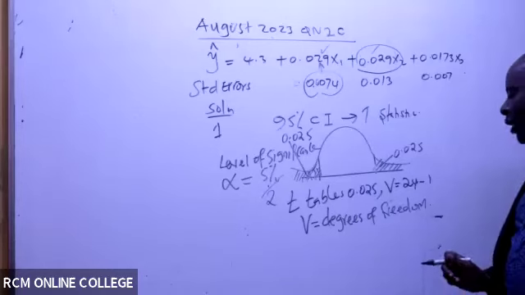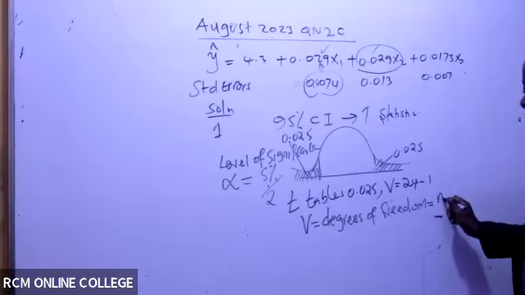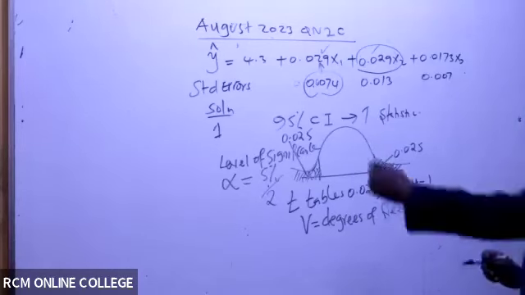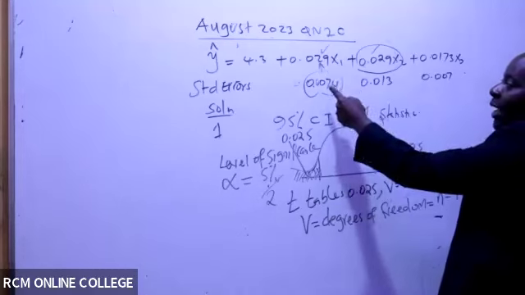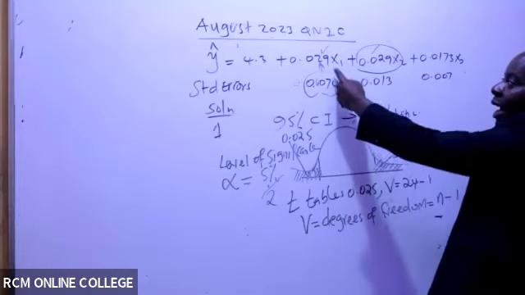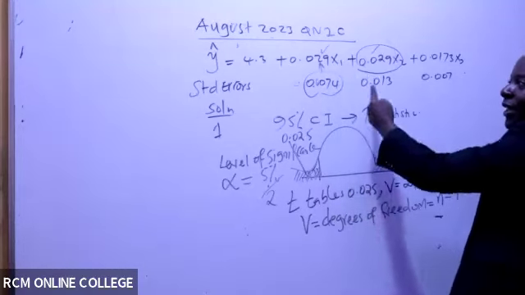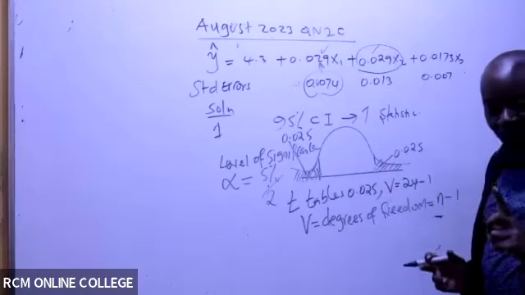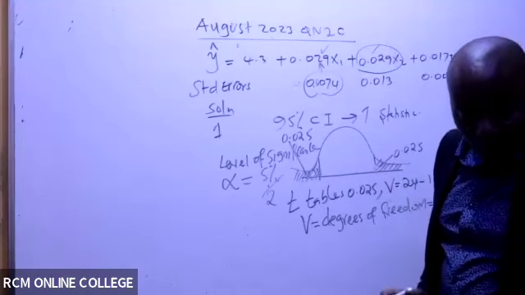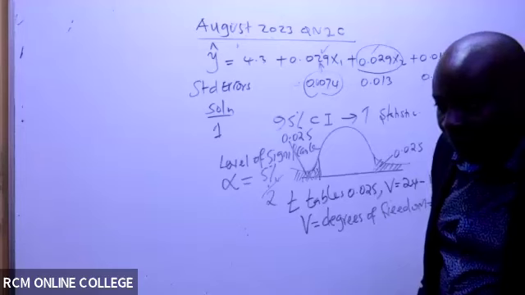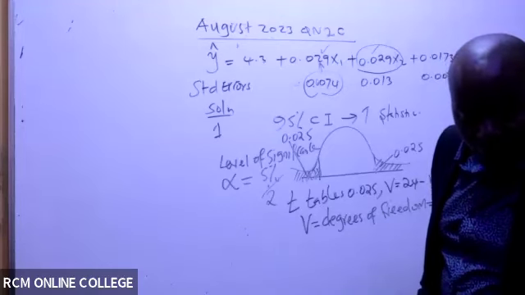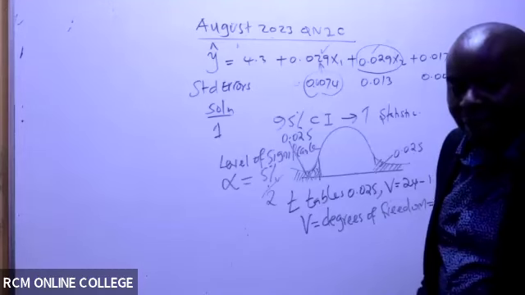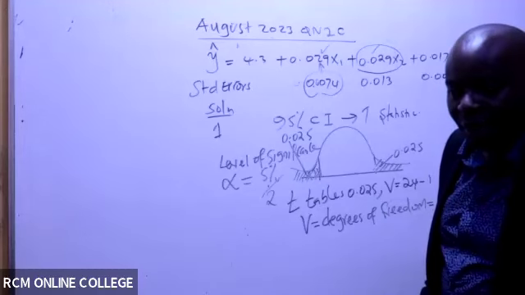And how do we get degrees of freedom? We normally take the sample size minus 1, especially when you are testing a hypothesis on one predictor variable. Why 24? Good question. It's given in the question. We are told here the following regression equation was obtained for a class of 24 intermediate students.